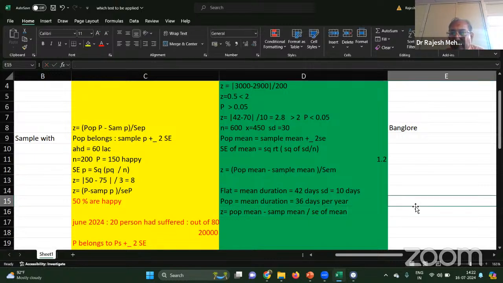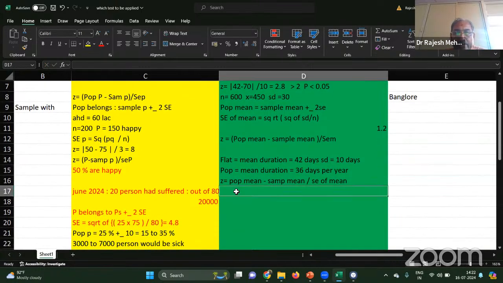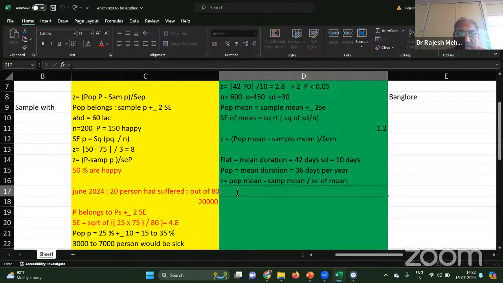So if you are not in pen, you can do it. Else we'll keep doing it over here. Z is equal to, because we need to find out standard error of mean, so square root of SD squared by N, right?